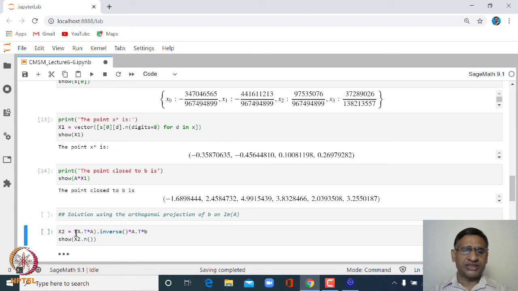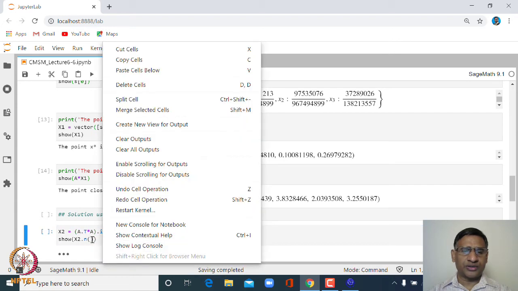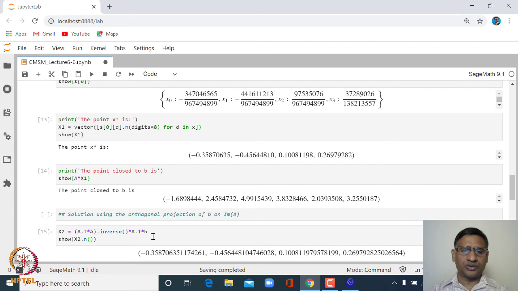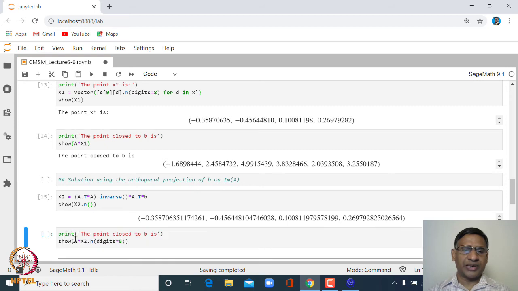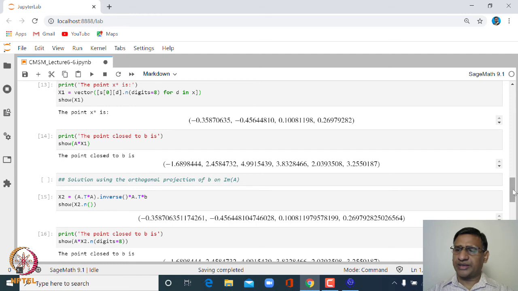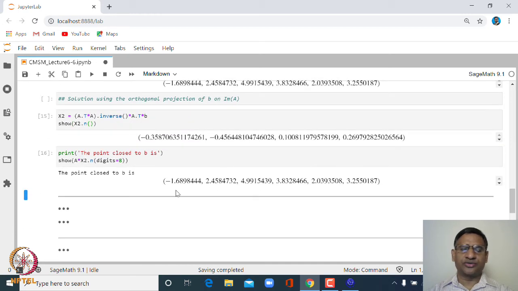We have already seen that this is nothing but taking the inverse of A transpose A and multiplying by A transpose B. That is the point x2, which is the same as what you obtained using calculus. Now multiply x2 by A, and this is what you get as the least square solution.